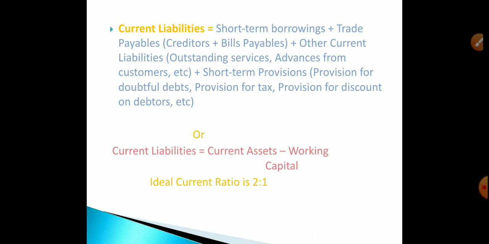Generally, a low current ratio means that the enterprise is unable to meet its current liabilities on time, and it also has inadequate working capital. On the other hand, a high current ratio means that the funds are not used efficiently and are generally lying idle. So both the cases, very high current ratio and very low current ratio, are not good for the firm.